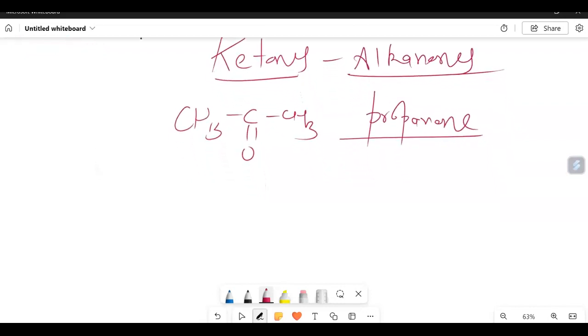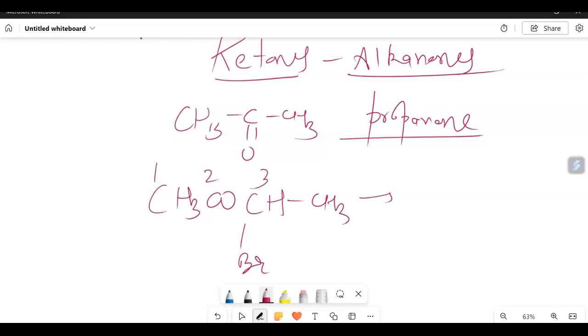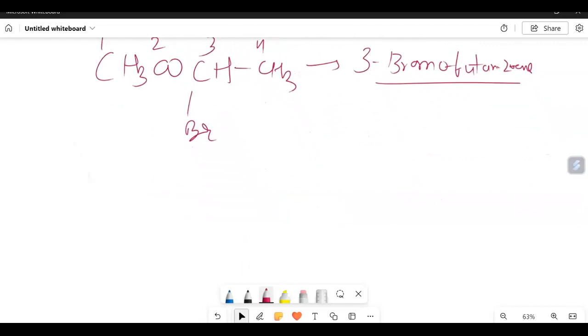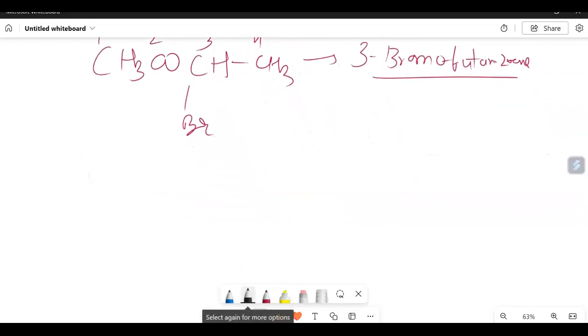Then we have the other compound, CH3COCHBrCH3. So there is a ketone in it, but we will name it like that. So 3-bromo-butan-2-one, butan-2-one.